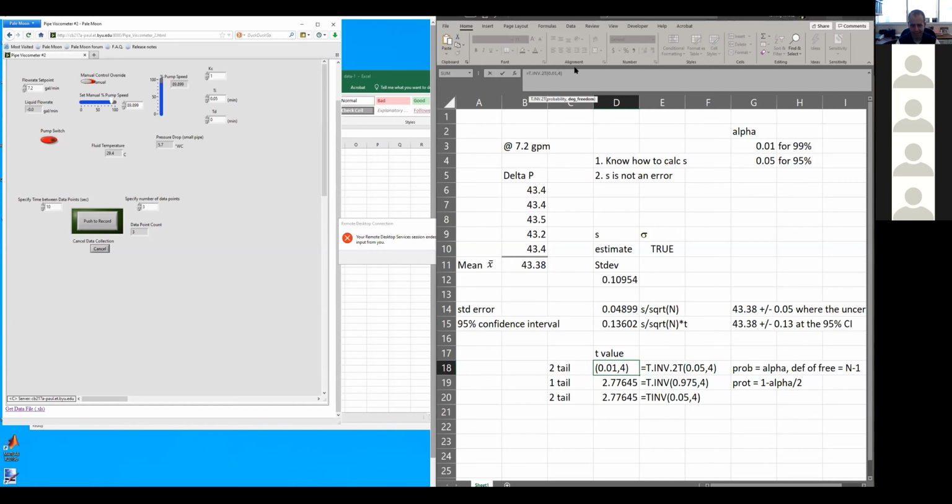Any ideas? It'll get bigger, won't it? It will get bigger, right? So now, this gets bigger, so my error gets bigger, right? So at 99, it's 43.38 plus or minus 0.23 at the 99% confidence interval.